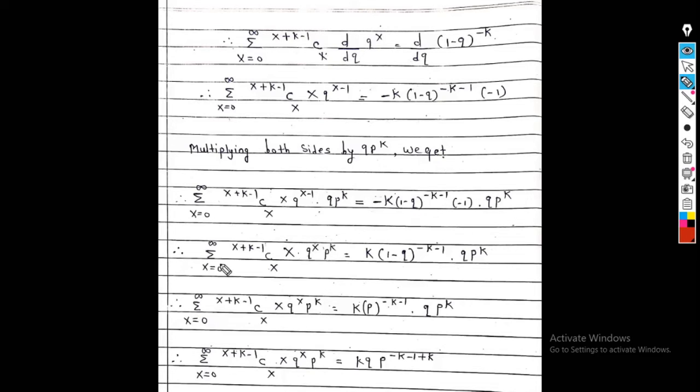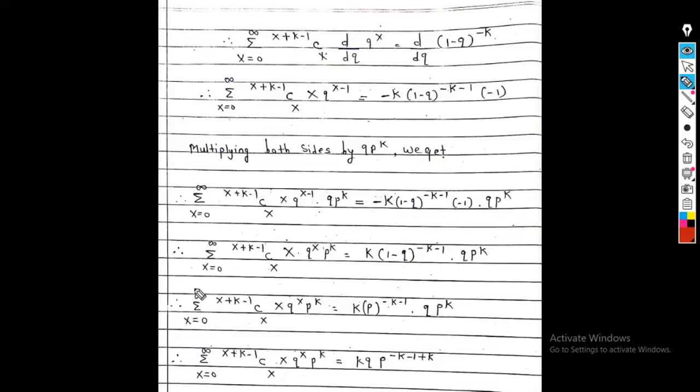So we get summation (x+k-1)Cx x q^(x-1) into q, so q^(x-1+1) becomes q^x into p^k, is equal to, this minus and this minus, minus minus is plus, so it becomes k (1-q)^(-k-1) q p^k.